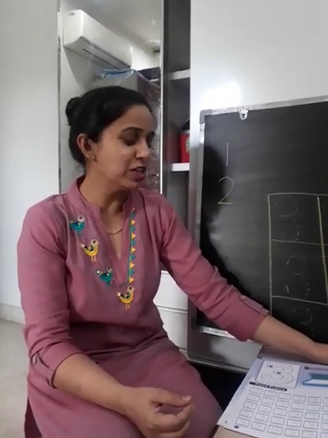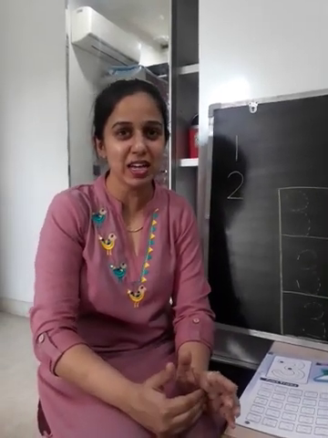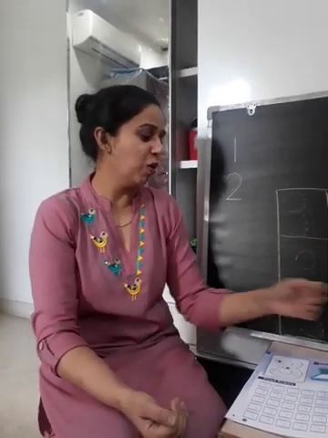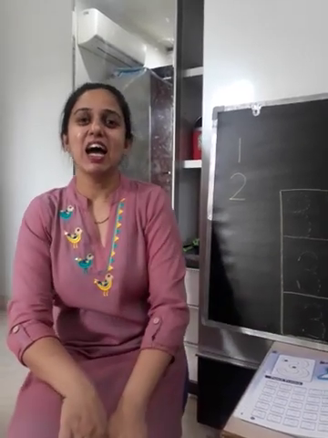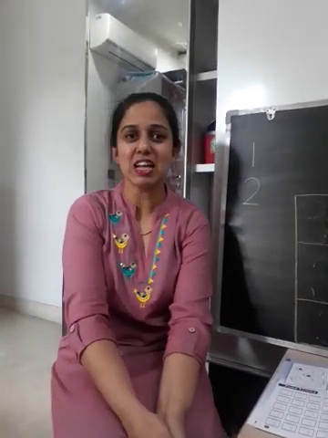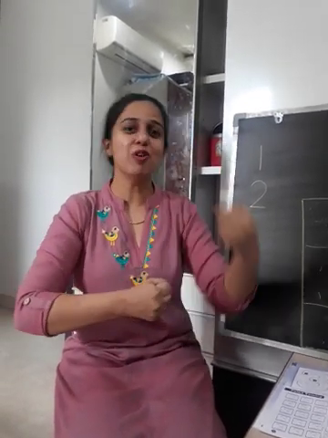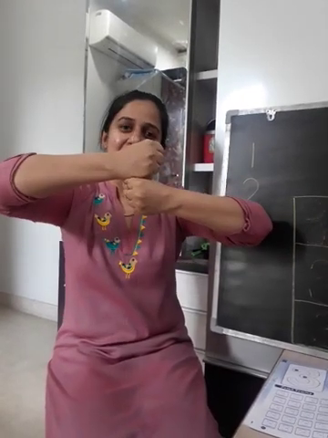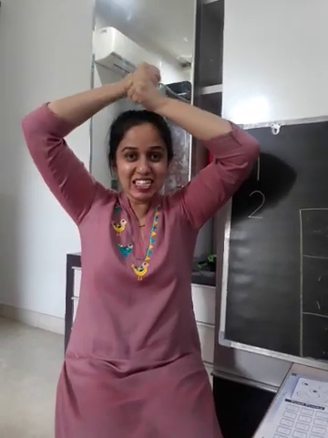Fine. So first of all, we are going to start with our oral part as we always did. Okay, babies. Shall we start our counting? As I taught you in our previous class also, how we can count. 1, 2, 3, 4, 5, 6, 7, 8, 9 and 10. 10 is on top of your head.